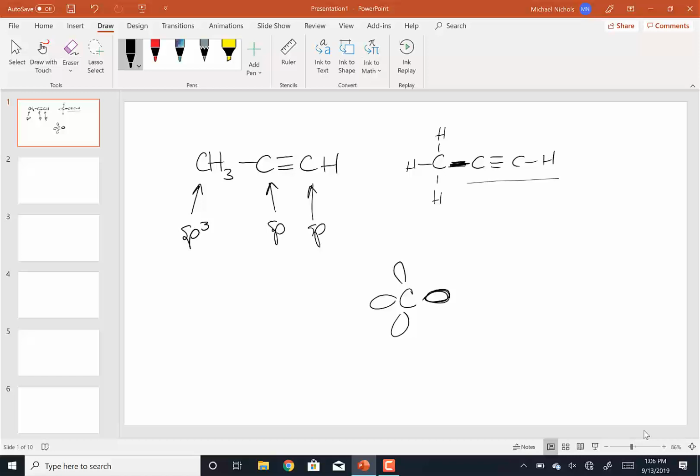I'm just going to mimic what's up here. Next, I've got 1, 2, 3 hydrogens, and so those are going to be the s. These are each sp3-s sigma bonds to the hydrogen.